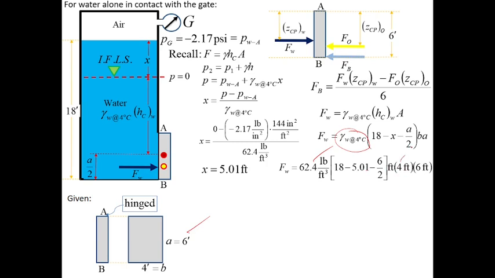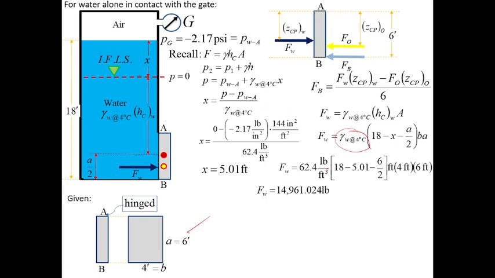Then the dimension B is 4 feet, dimension A is 6 feet for the rectangular gate, no? Okay. So we will now have an answer of 14,961.024 pounds.